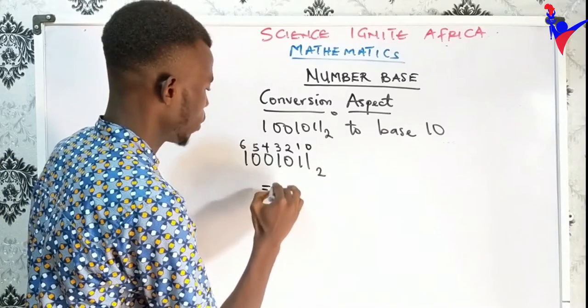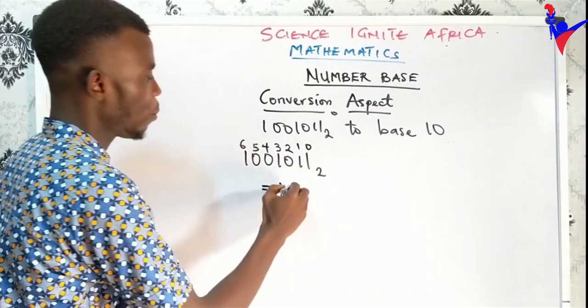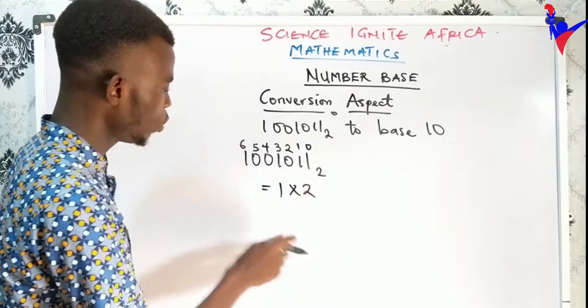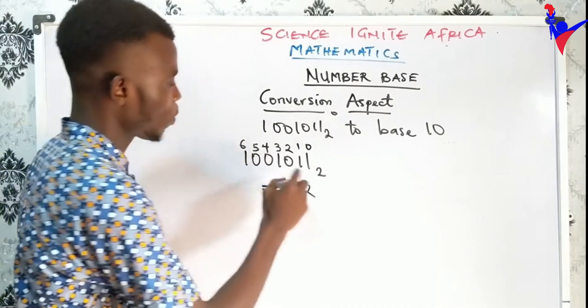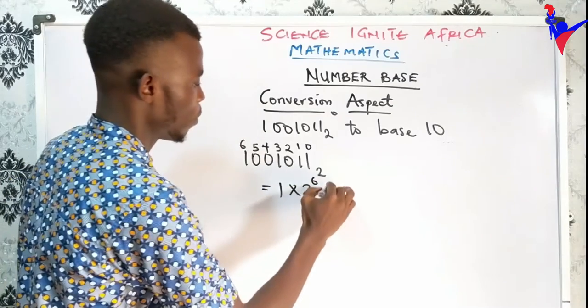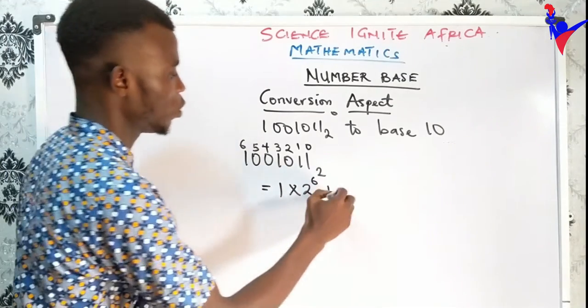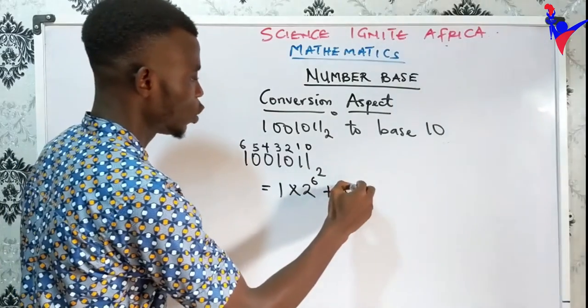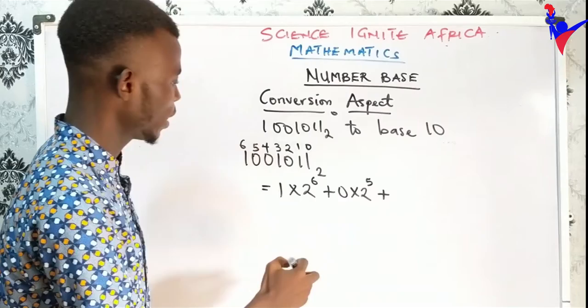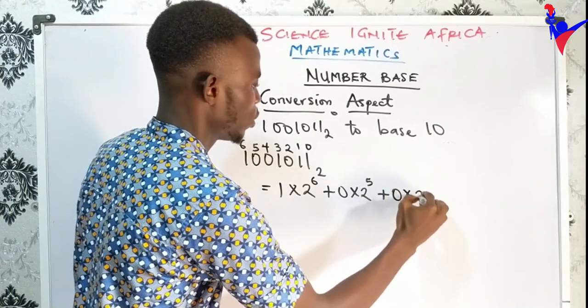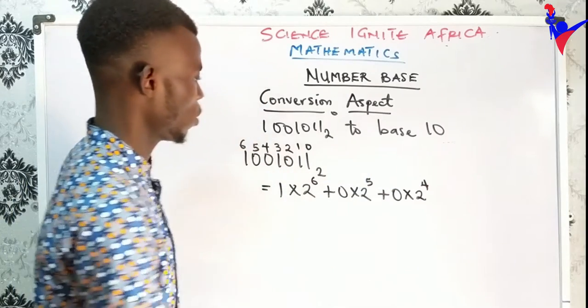Then we have the 1 there, multiplied by the base, which is 2, raised to the power on top of the 1, which is 6. Plus 0 multiplied by the base 2, raised to power 5. Followed by 0 multiplied by 2 raised to power 4.